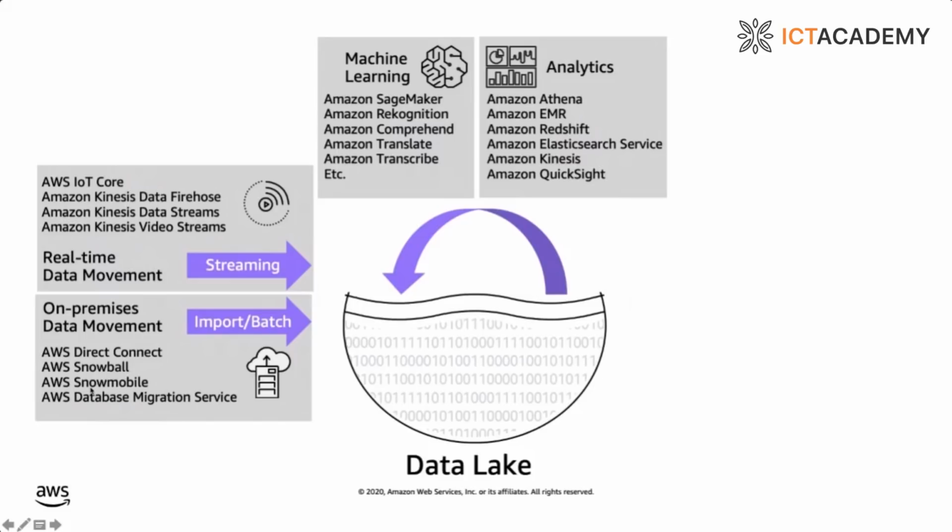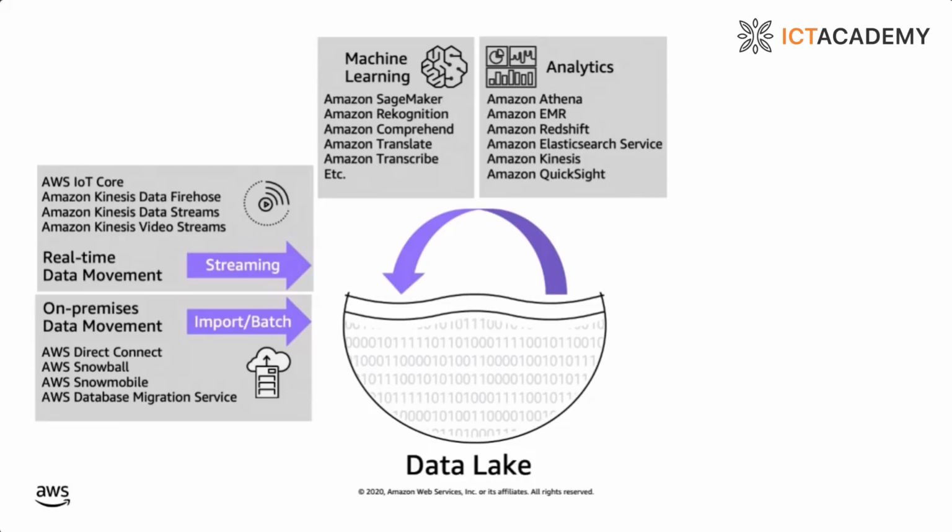You can use different tools. I will not get into the tools part right now, but these tools will help you dump all the data, collect all the data, and then use those machine learning based services like SageMaker, Rekognition, Comprehend, or if there is a big data kind of one, you can use Hadoop, Athena, and EMR to be able to make something useful out of this data.